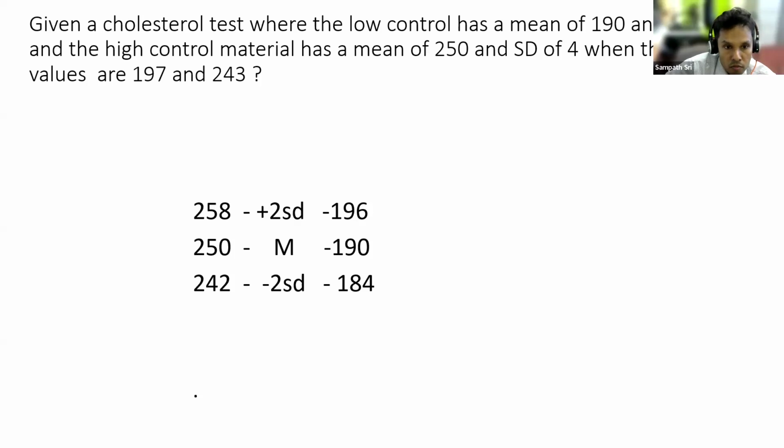So it's only 1 QC out of 2SD. We don't have to do anything. We just have to accept the run because it is the 1-2S rule.